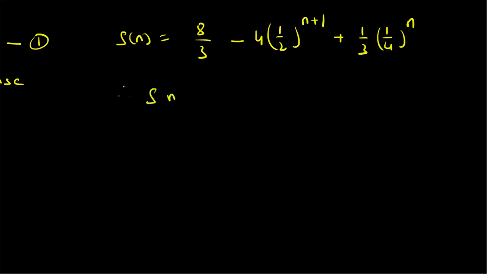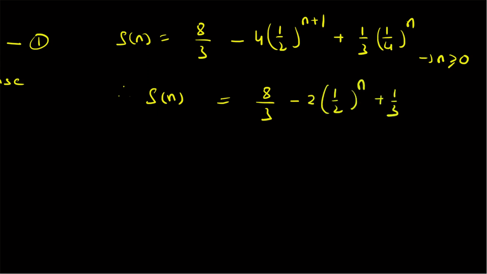Therefore, S of n is 8 by 3 minus 2 times 1 by 2 power n plus 1 by 3 times 1 by 4 power n, multiplied by u of n. So that is the step response.